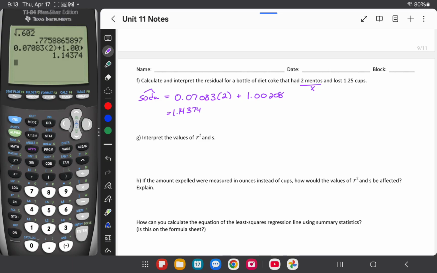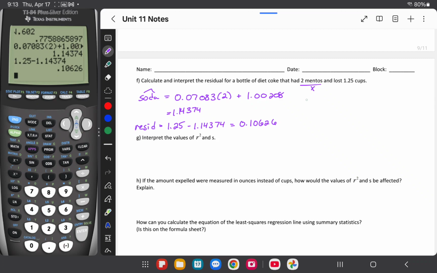The actual amount of soda lost was 1.25, so we definitely underestimated it since our predicted amount was lower. But let's find the residual first, and then we can interpret it. So the residual is our observed 1.25 minus our expected that we just found.